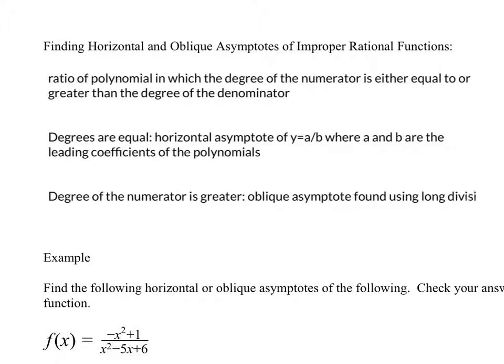So there is no other way to find the oblique asymptote other than to use long division with our two polynomials, and it's going to be the quotient without the remainder. So it's whatever the quotient is when you divide your two polynomials. So to kind of recap, when you have equal degrees for your rational function, you divide the leading coefficients, and if the degree of the numerator is greater, you always use long division to find the oblique asymptote. So it would be the case where you get some function of the form y equals mx plus b.